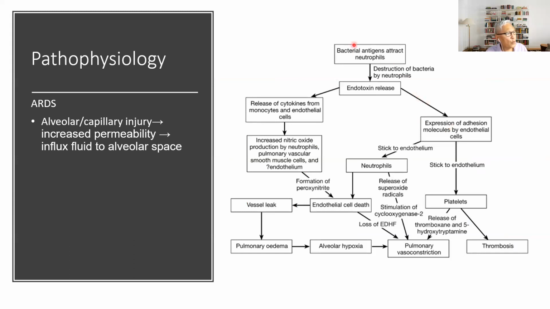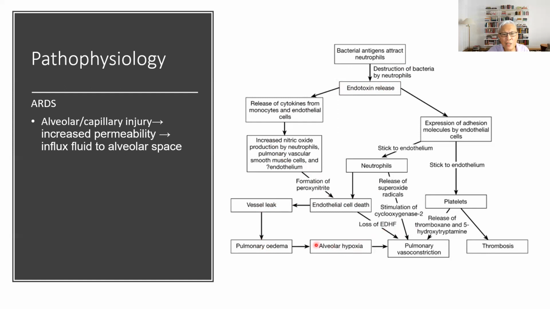ARDS. So we have bacterial antigens that attract white blood cells, and then they release toxins called endotoxins, and the release of them causes your vasodilation. And of course, what's going to happen is that you're going to have vessel leak. It leads to pulmonary edema. It leads to hypoxia.